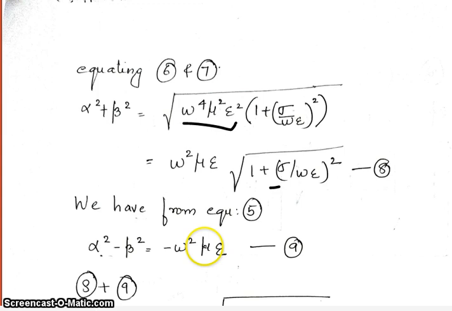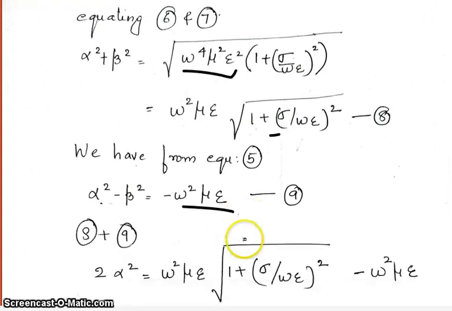Now from equation 5 we have alpha square minus beta square is equal to minus omega square mu epsilon. We already derived it. Next I am going to add 8 and 9. What happens is this beta square will get cancelled.